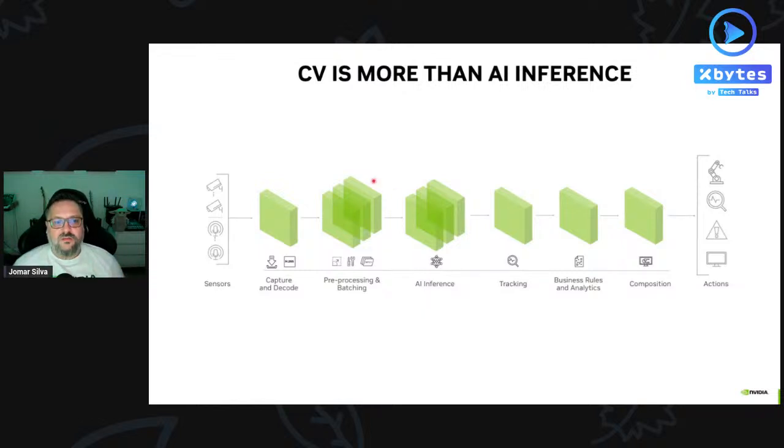Typically, developers use GPU acceleration just here, and they do all the other parts using things like OpenCV running on CPU. And then we get into that situation where I have a lot of data going back and forth from the computer's memory to the GPU memory, and I'm not using an optimized pipeline.